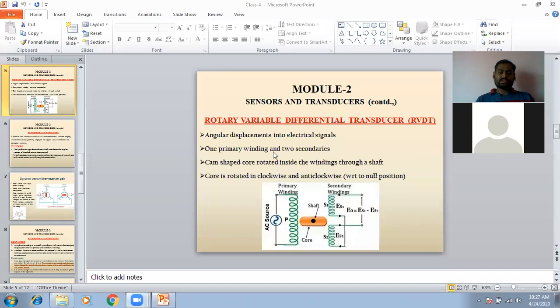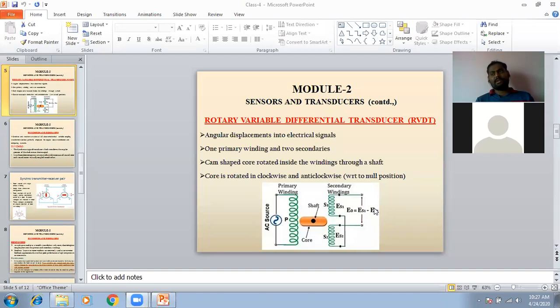So again, the construction and the working I have written here. The null position means the core is exactly at the middle, at the center. The voltages induced in both the secondary windings are the same, and the difference between the two voltages will be zero. That means there is no angle, theta is equal to zero.